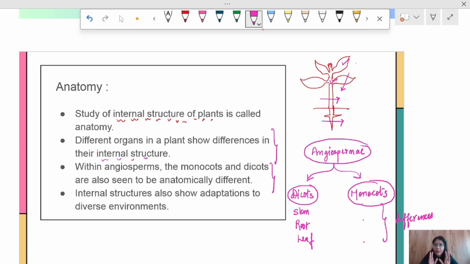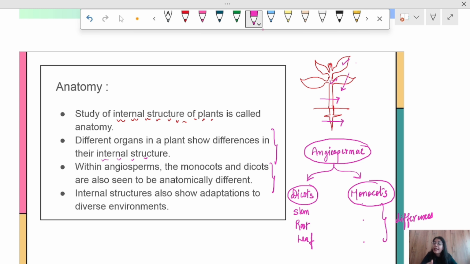I hope you have understood the meaning of anatomy, and these 2-3 points written in NCERT are very important, right? When you look at a plant, the stem, root and leaf will have different organization of cells, different tissues, and different arrangements of these tissues. So internally they will not look the same.